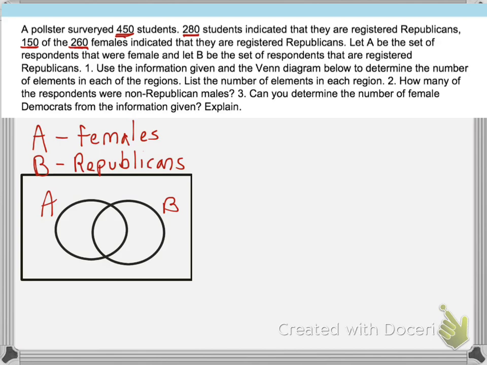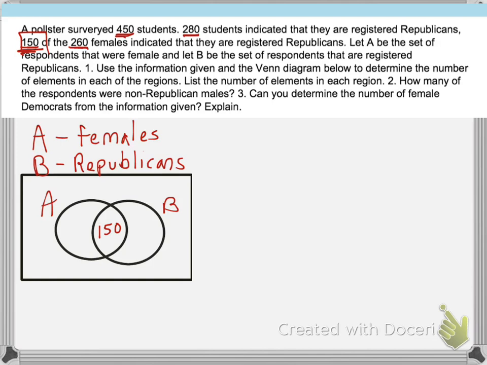If A is females and B is Republicans, ask yourself, what is this middle region here? Hopefully you realize that is where our female Republicans go. We're told the number of female Republicans, in fact. There's 150 such people. So we plug in 150 for the 150 female Republicans.